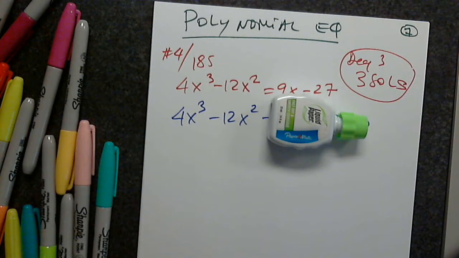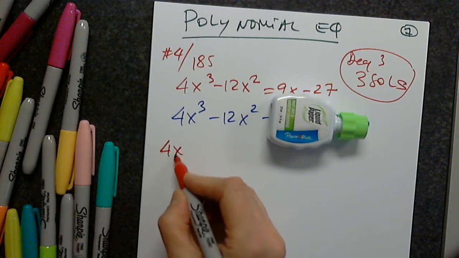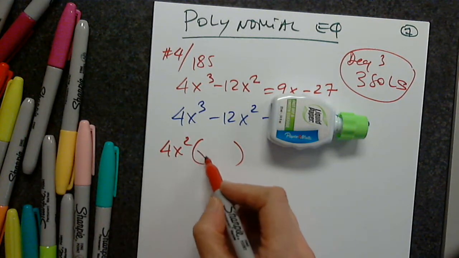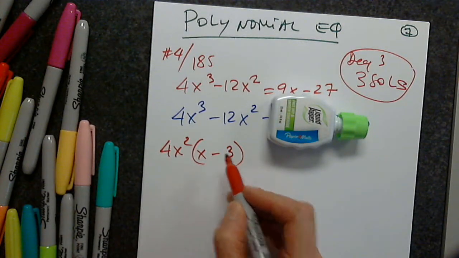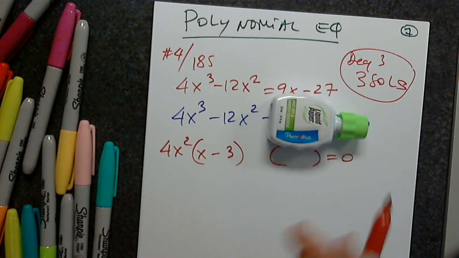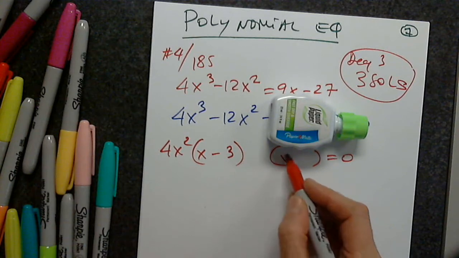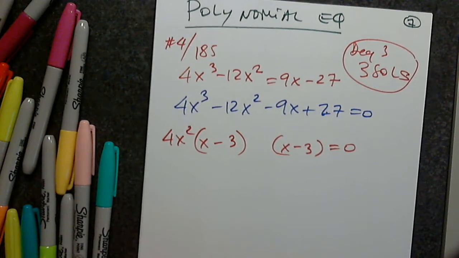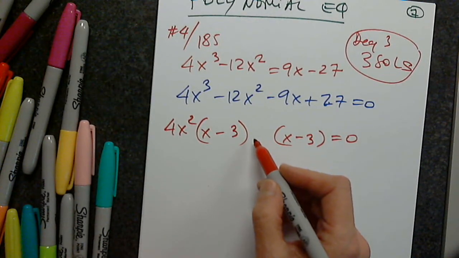That's what we did. So the first two, what do you factor out? 4x squared. What is left in parentheses? x minus 3. What do we have to have from the other two? I need a sign and I need a factor. Factor out 3.